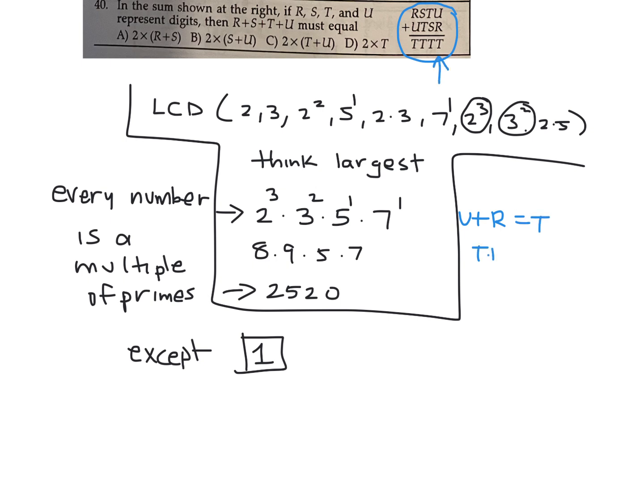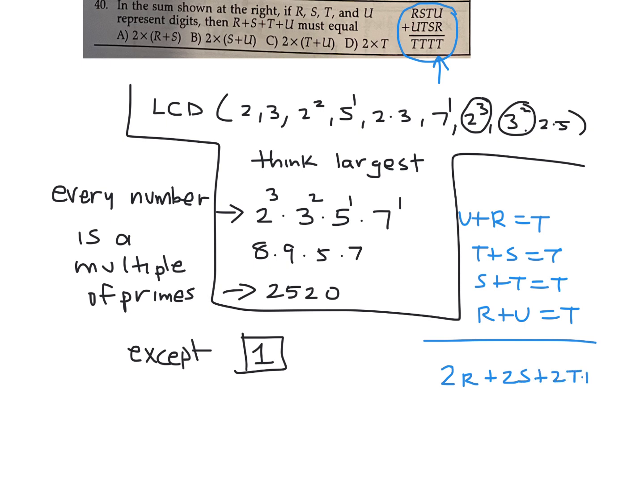And then T plus S is equal to T. And then S plus T is equal to T. And then R plus U is equal to T. So if we add all these up, we get 2R plus 2S plus 2T plus 2U is equal to 4T. Divide through by 2 and get R plus S plus T plus U is equal to 2T. And therefore that would be choice D.